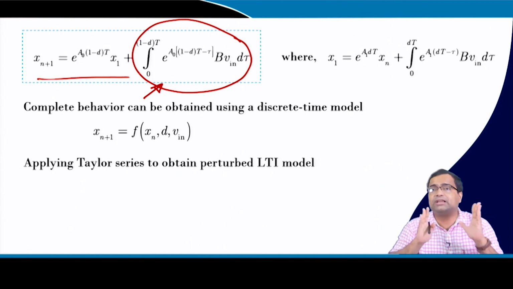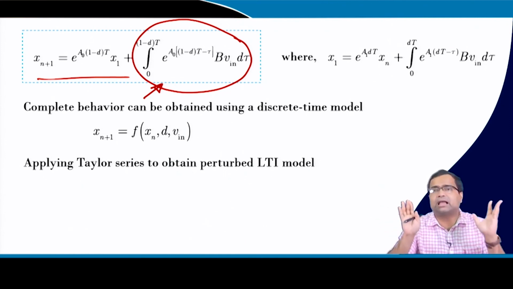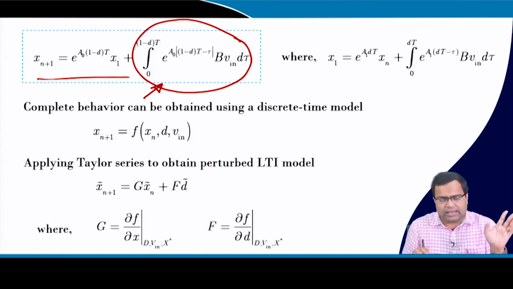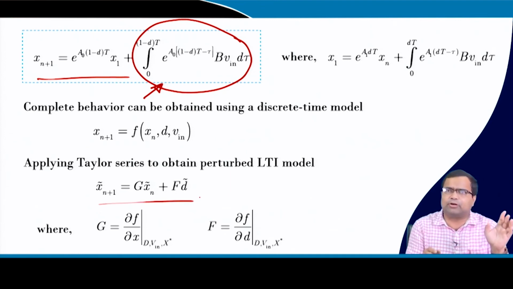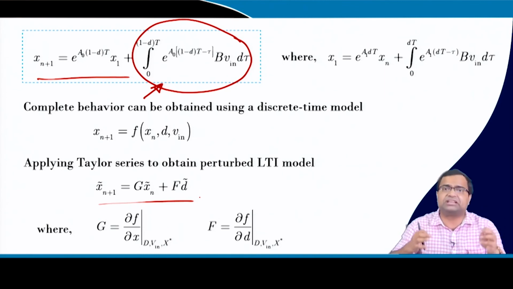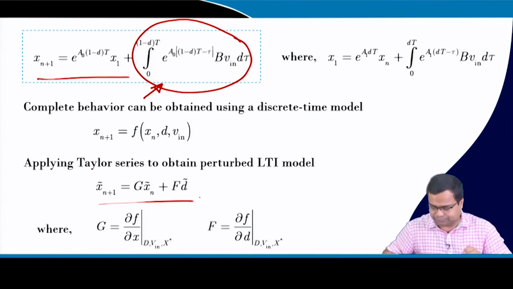But as long as you ensure by a simplified way that there is no subharmonic instability, and if you want to operate at a lower bandwidth of the controller, then it is reasonable to go with a standard small signal model. And here also you can obtain the small signal model from the discrete time model. In fact, for the majority of digital controllers we use the discrete time model directly to accurately design the controller. But in analog control, the small signal linear continuous time models are still popular.